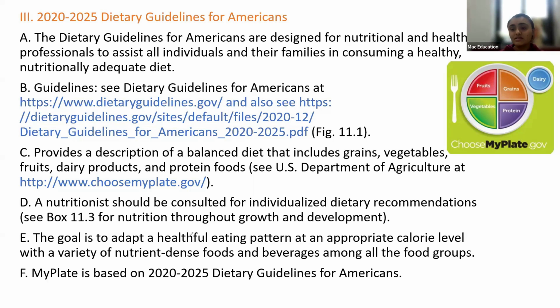Half of the plate should contain fruits and vegetables. Of the grains, half must be whole grains and the others can be consumed anytime the patient wants, and this much amount of protein. Dairy, if the patient is taking milk, the milk should be fat free. So these are the guidelines provided by the Dietary Guidelines for Americans.